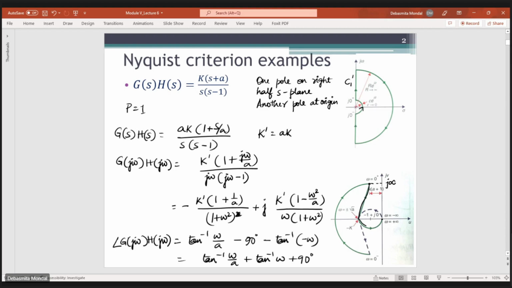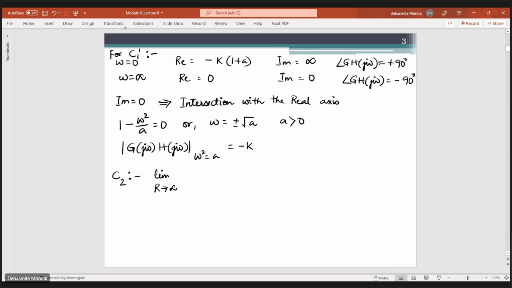Then we have C2 and this is C3. For C2, we have to find out the limit for r tends to infinity of gs of hs at s equals r e to the power j phi. Okay, if you substitute the value of s in this one, you will get that this is nothing but e to the power 0 times e to the power minus j phi, right?